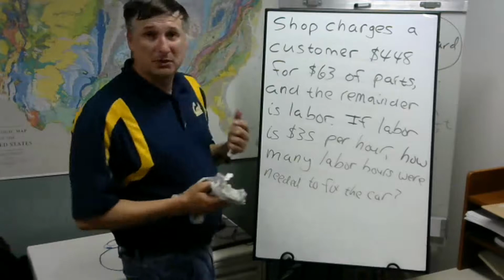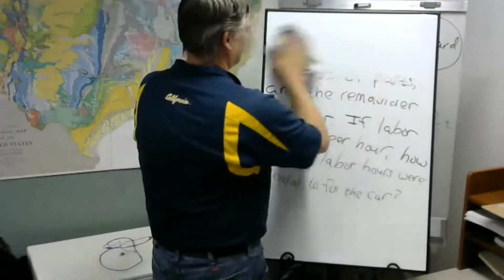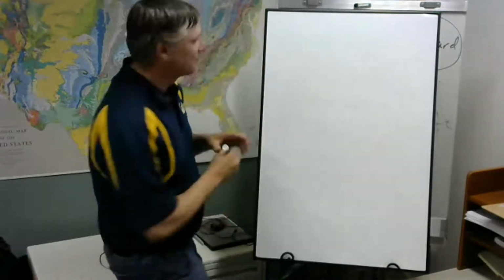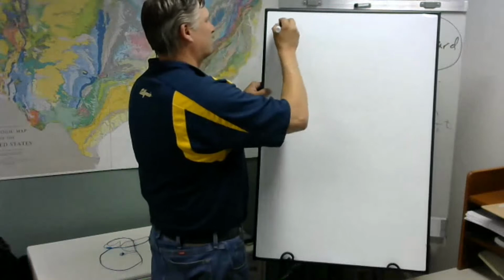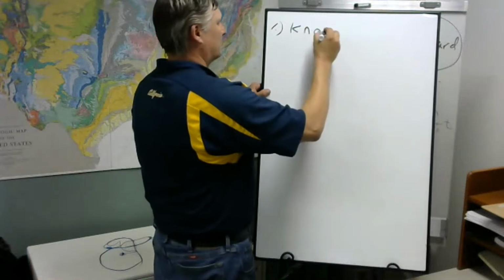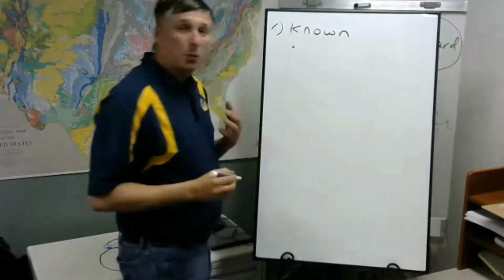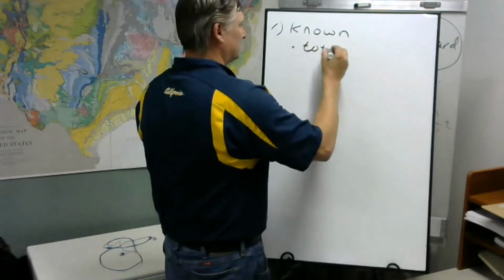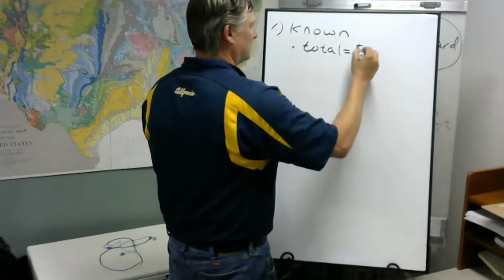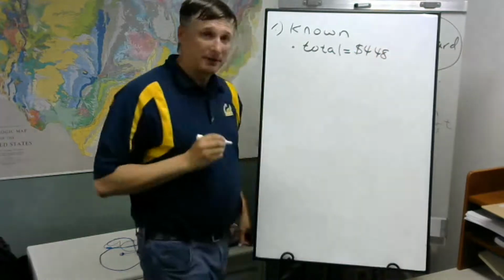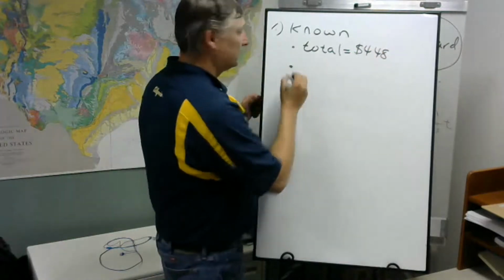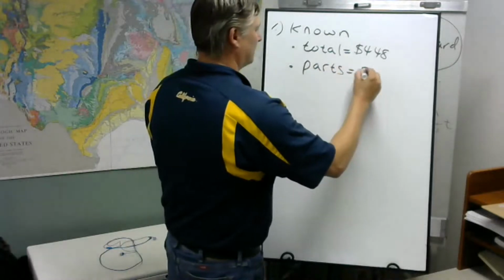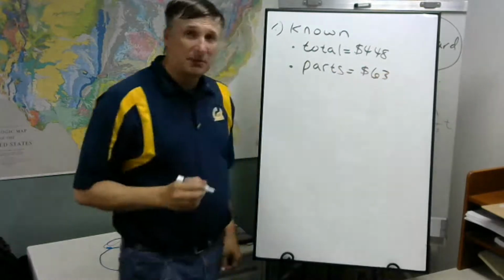Well, let's take a look at our knowns and unknowns. So what do we know? Well, we know the total, $448. We know the parts is $63.